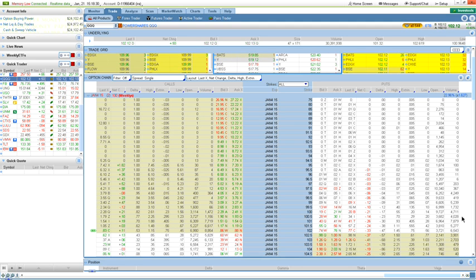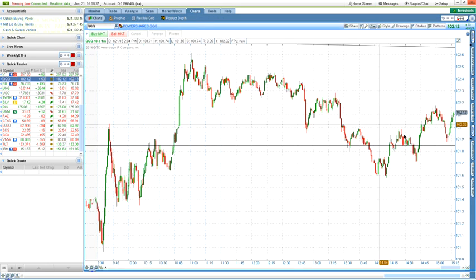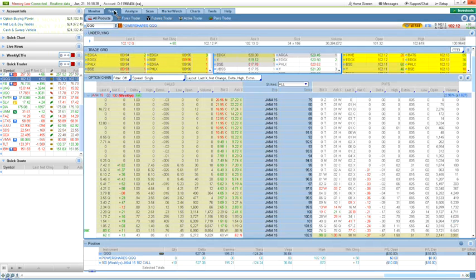I will pause everything right now. We're actually in the trade. I'll switch back over to the chart and set up our exit.